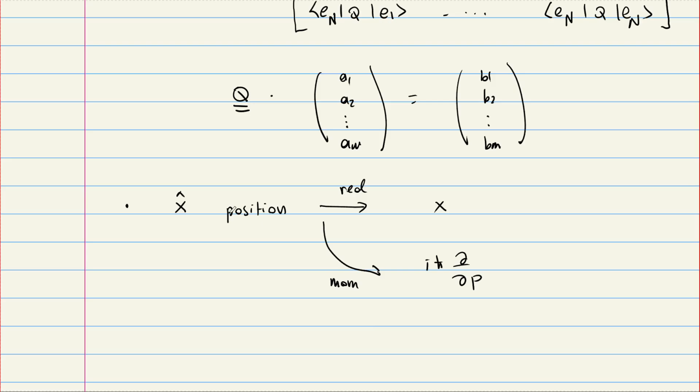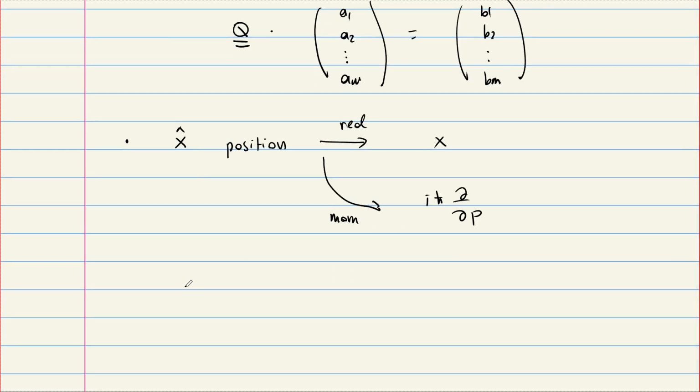Exactly the same abstract operator has a different appearance depending on the space. Similarly, p is the abstract momentum. And if we are in the real space, we know it is -i h-bar ∂/∂x. And if we are in the momentum space, this is going to be just the number p.